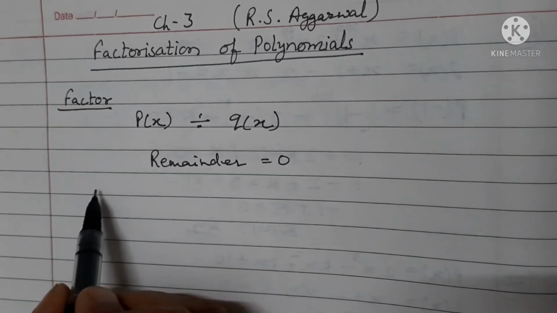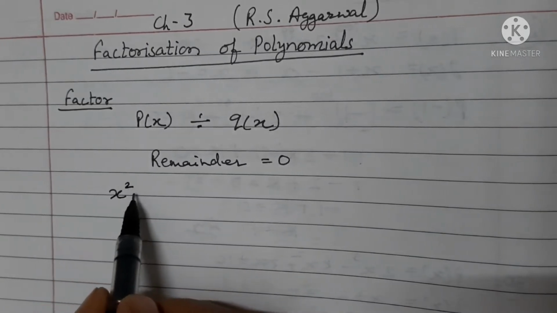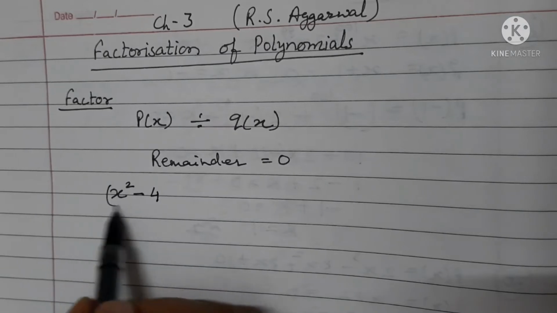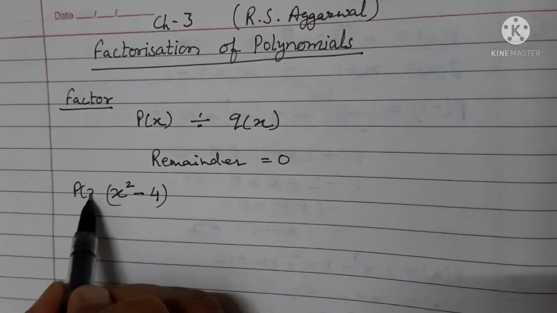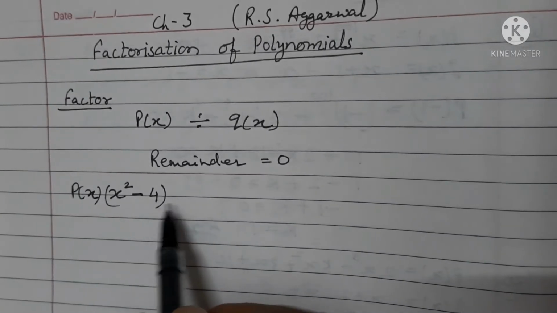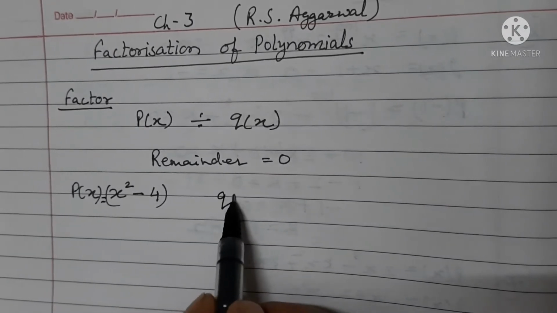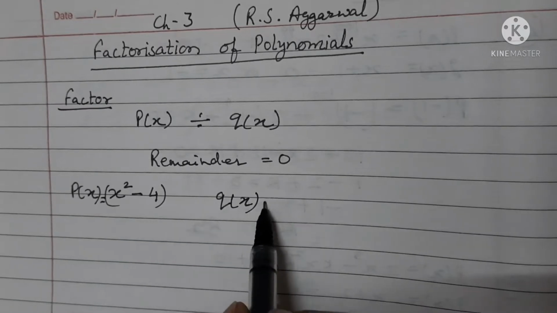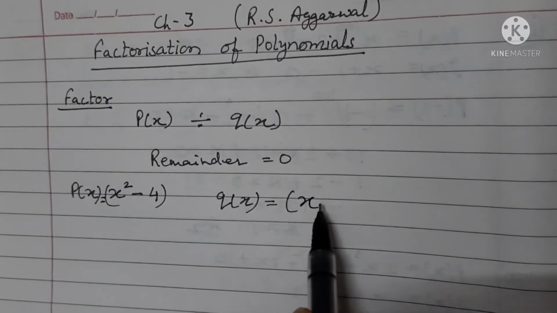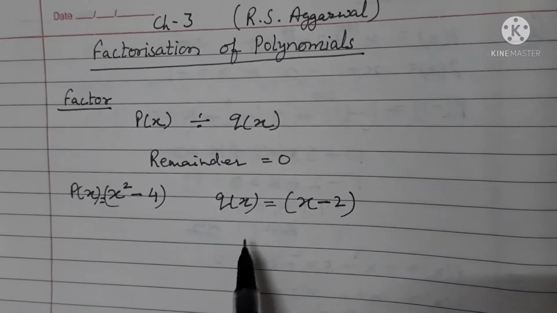Suppose Px is x square minus 4, and we divide this Px by Qx equal to x minus 2.